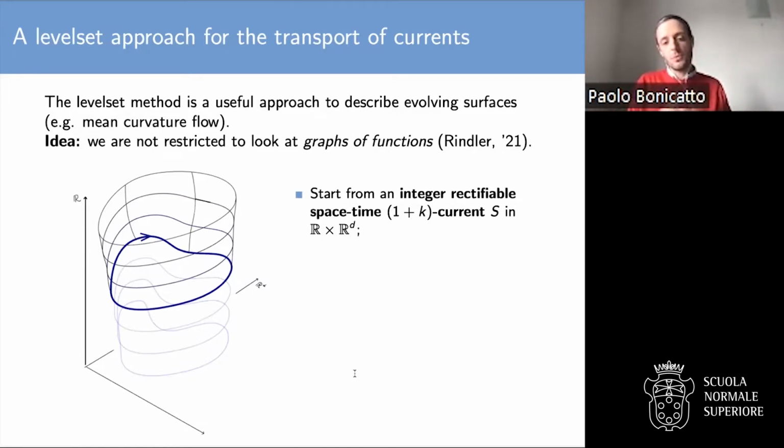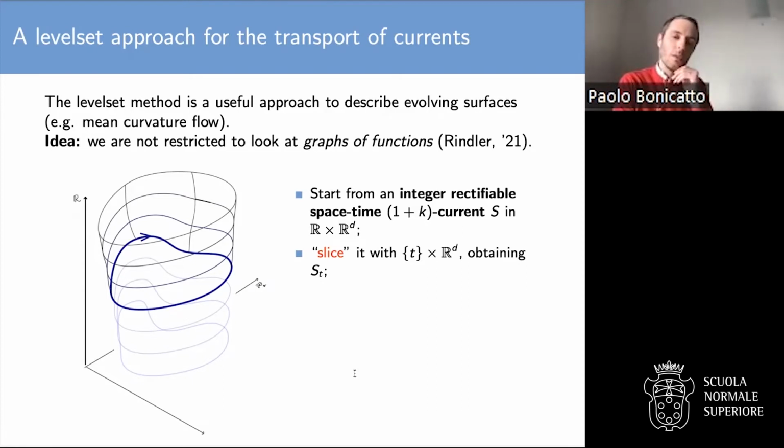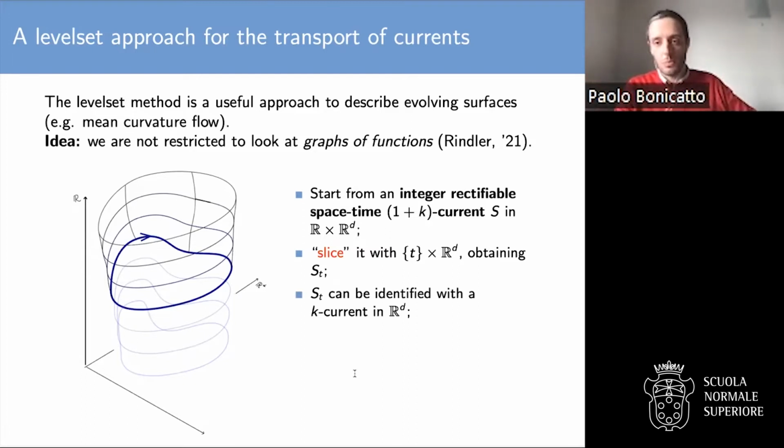So if you start from such a pipe, from such a cylinder, by using standard techniques in the theory of currents, namely the slicing theorem, you can slice this tube with respect to the projection onto the time axis, and you obtain these currents S_t, which modulo an irrelevant projection can be identified with k-dimensional integer rectifiable currents in R^d.